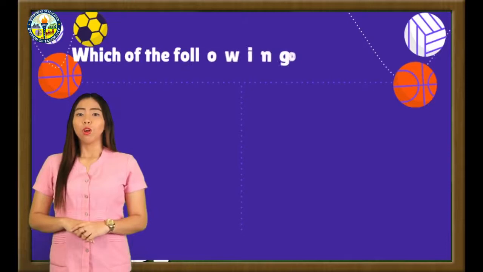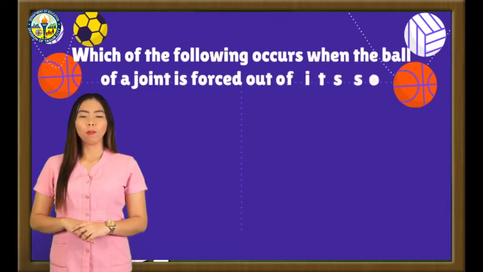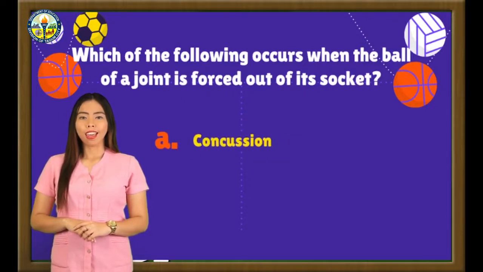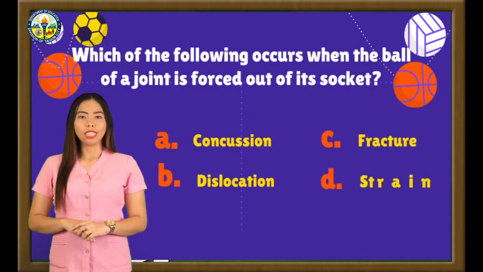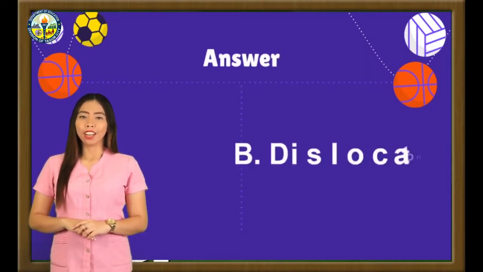Number 2. Which of the following occurs when the ball of a joint is forced out of its socket? A. Concussion. B. Dislocation. C. Fracture. Or D. Strain. The correct answer is letter B, dislocation.